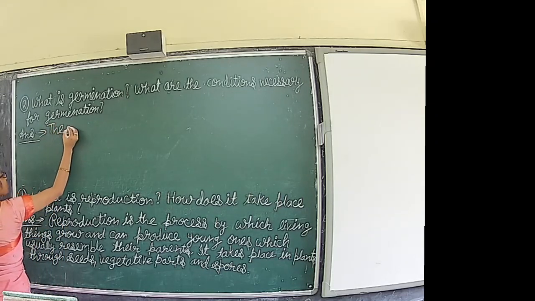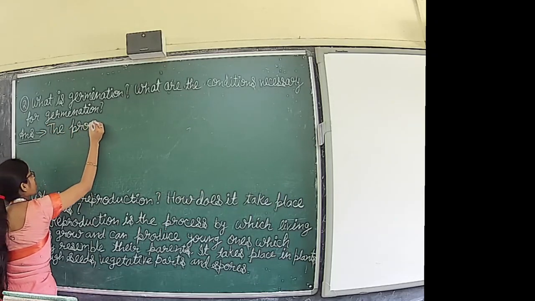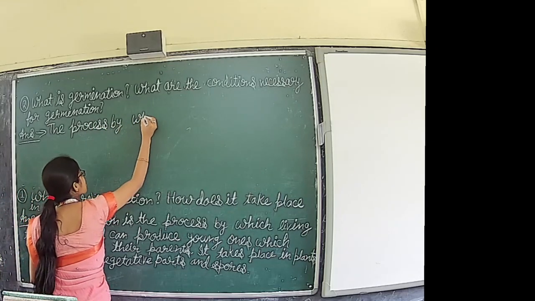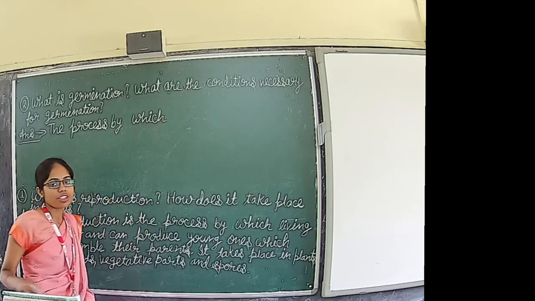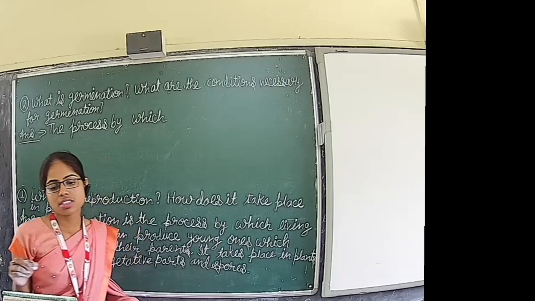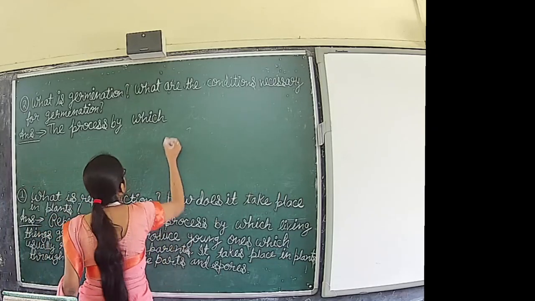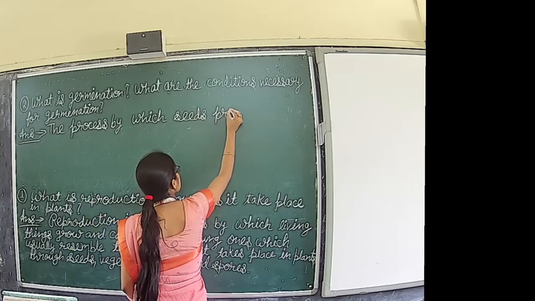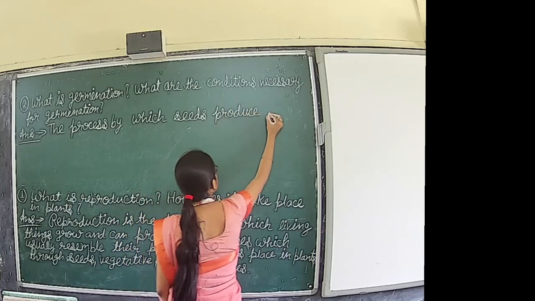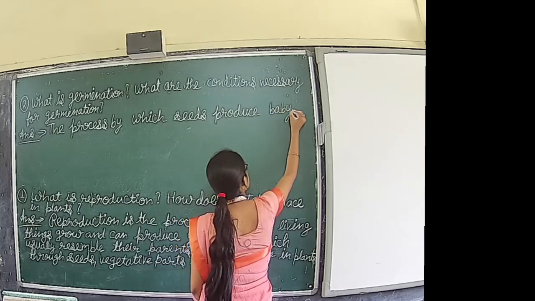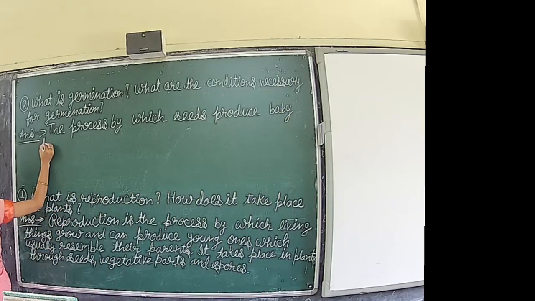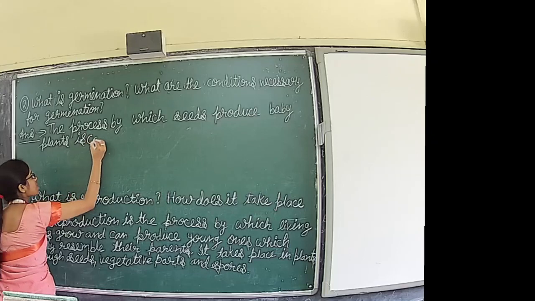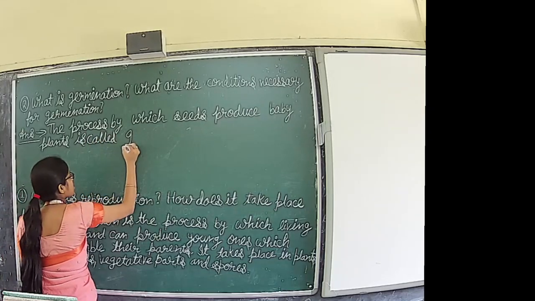The process by which seeds produce baby plants is called germination.